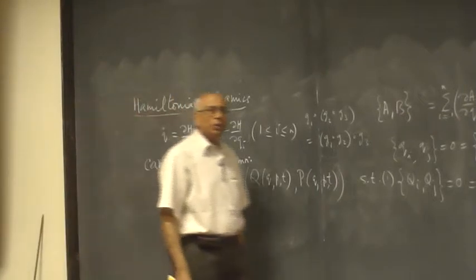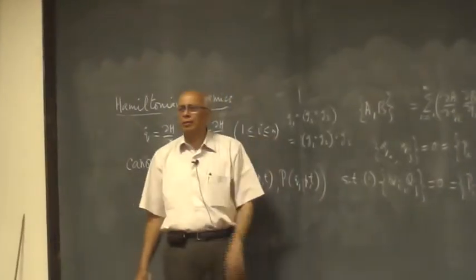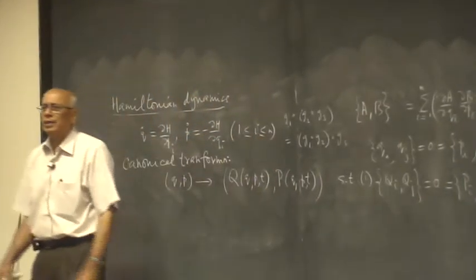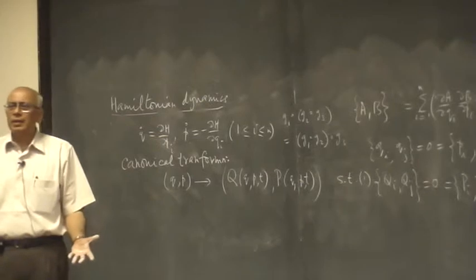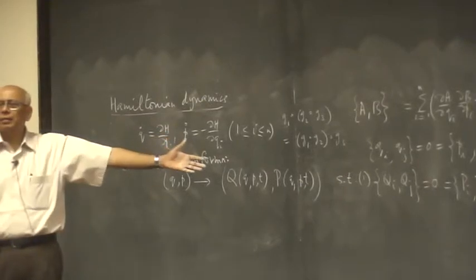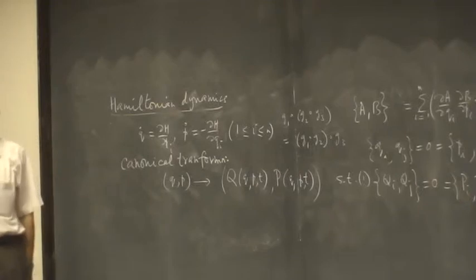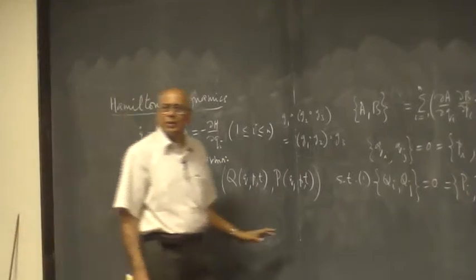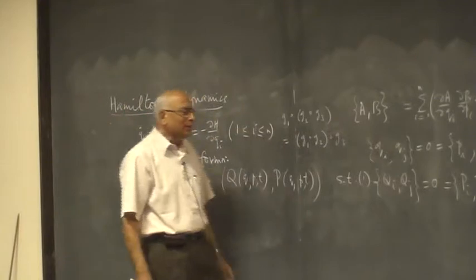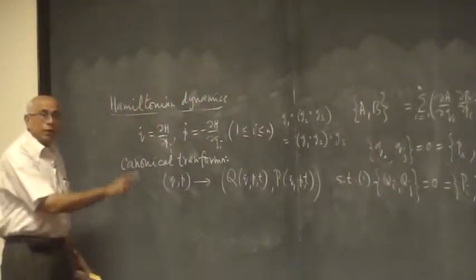To me, it seems natural to say that I start by specifying a certain set of variables and I make a change of variables such that this structure is preserved, and then worry about what happens in a particular Hamiltonian, etc. So this is a purely geometrical approach, if you like. So this is not enough.